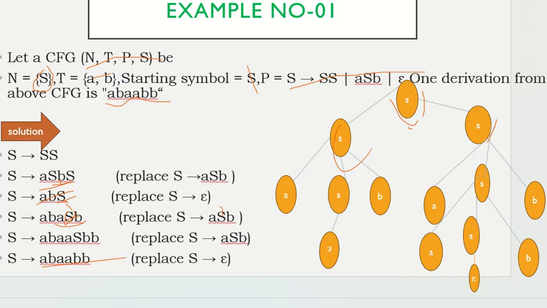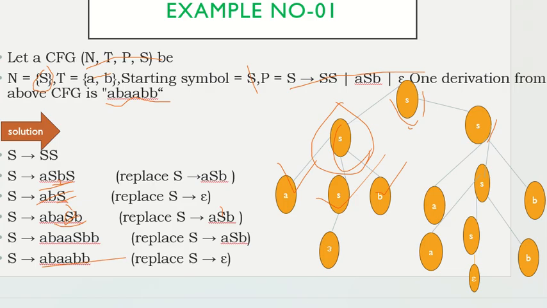It splits into children based on the rule applied. A non-terminal is converted into terminal, non-terminal and terminal. Like that, this non-terminal is converted into terminal, non-terminal and terminal.